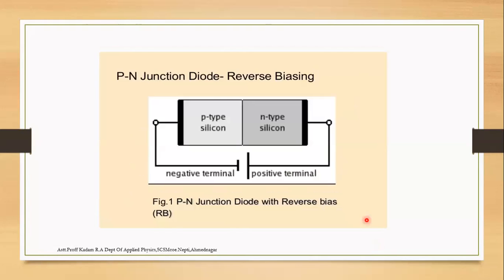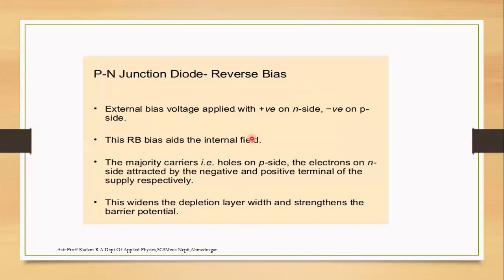Next, the PN junction reverse biasing. In reverse biasing, the negative terminal is connected to the P type and the positive terminal to the N type, exactly opposite to the forward bias. In the PN junction diode under reverse bias, the external bias voltage is applied with positive on the N side and negative on the P side.